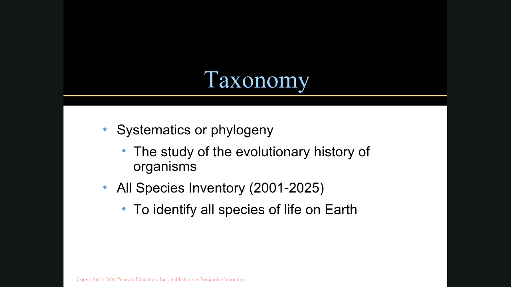So systematics or phylogeny is the study of the evolutionary history of organisms, so we can determine evolutionary relatedness by studying the phylogeny of different organisms. I just want to mention the all species inventory, which is supposed to be completed by 2025. Nowhere near close to happening, and it probably never will. The idea was that scientists wanted to try to identify and catalog all the forms of life on the Earth and do that by 2025.